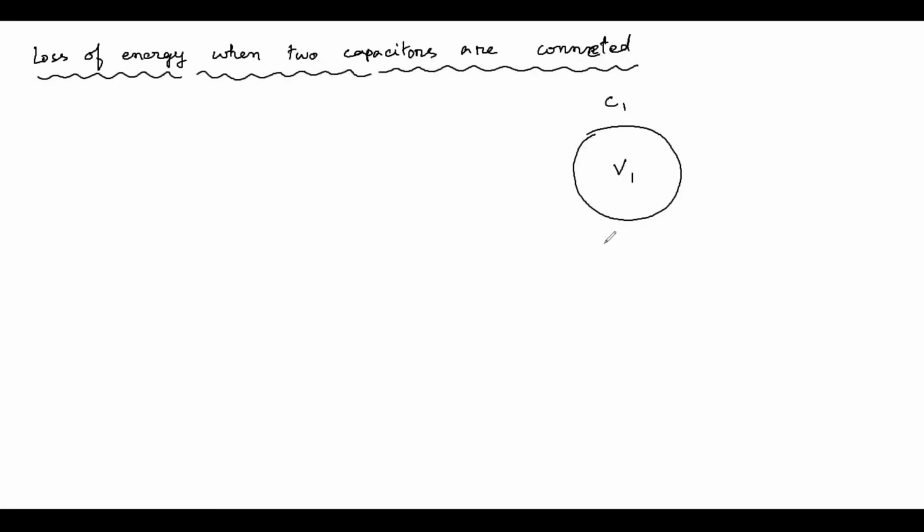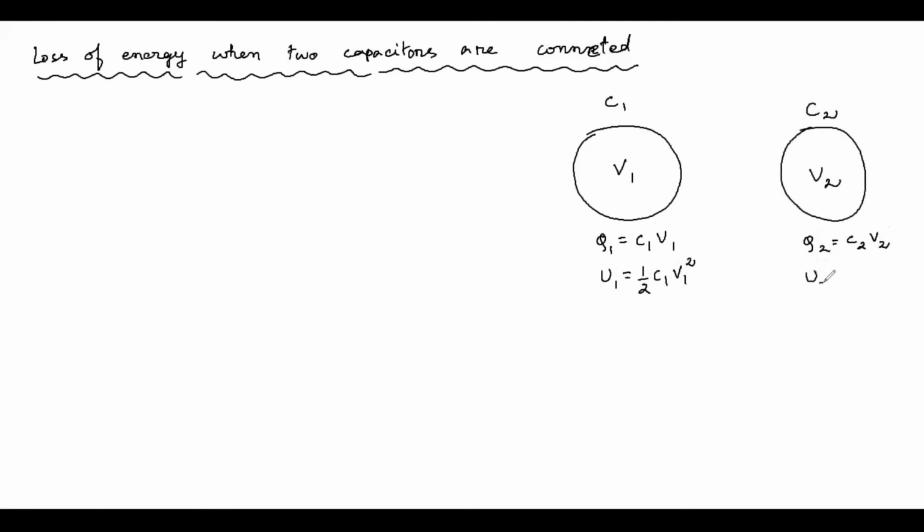So the charge acquired by this capacitor will be Q1, which is C1 V1, and the energy stored in this capacitor will be half C1 V1 square. Let's say you have another capacitor whose capacitance is C2 and its potential is V2. The charge stored by this capacitor will be Q2, which is C2 V2, and the energy stored will be half C2 V2 square.